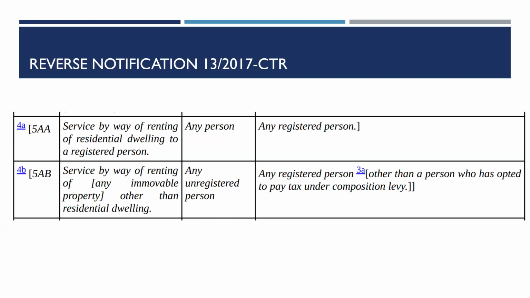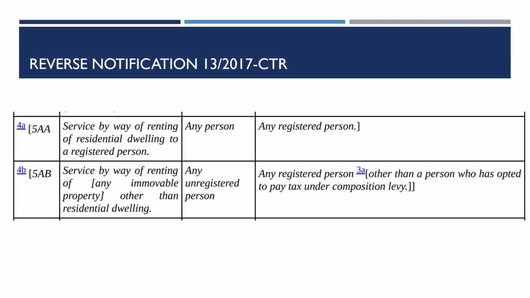And it will be 5AA. The registered person would be paying under RCM. This is the recipient. So the basis of deciding is what the deed permits. Correct, sir?